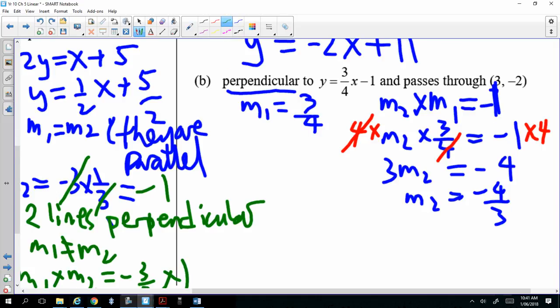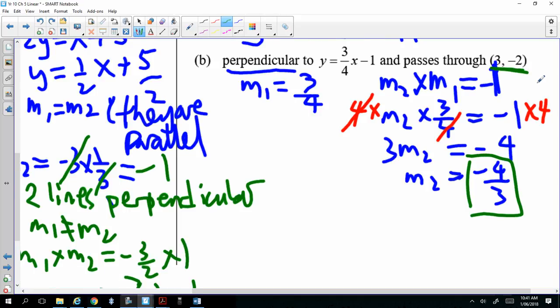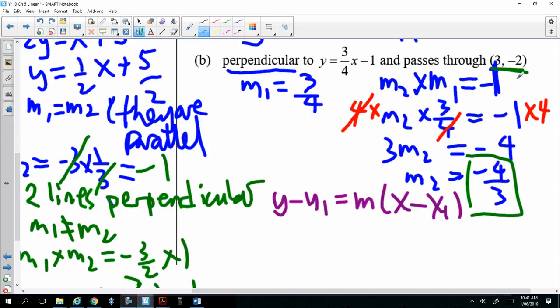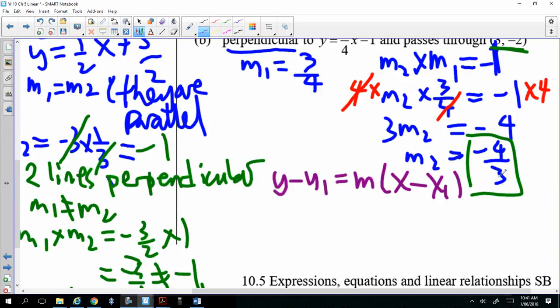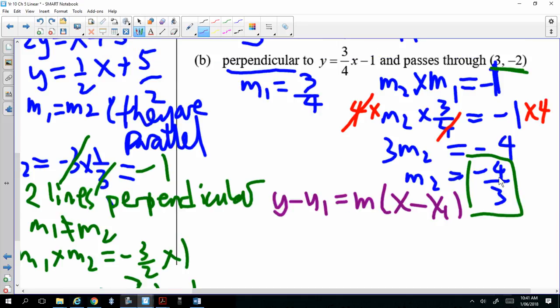So what you do is you use the point-gradient form like before. y minus y1 equal to m(x minus x1). That's a very convenient formula to find the equation of the line, because you only need the point and the gradient, and the point is (3, -2). So y minus -2 equal to the gradient, x minus 3.